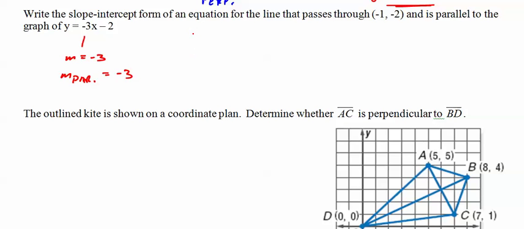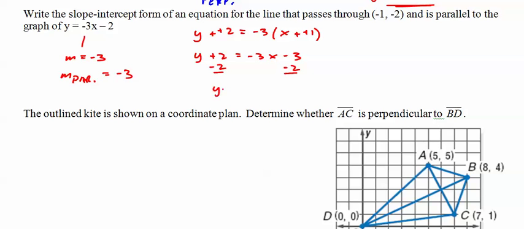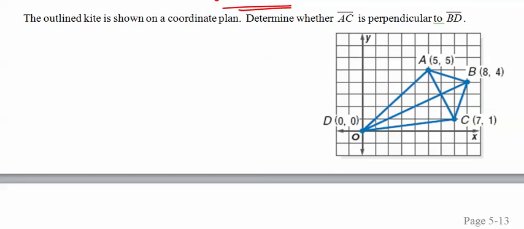So now we write y minus -2 equals -3 times x minus -1. y plus 2 equals -3x minus 3. y equals -3x minus 5. Piece of cake. That one's definitely an easier problem, but you gotta get good at finding your slope, flipping your slope for perpendicular, point-slope, reducing.